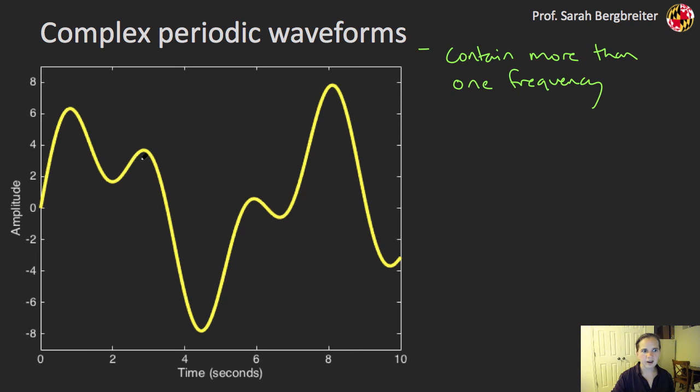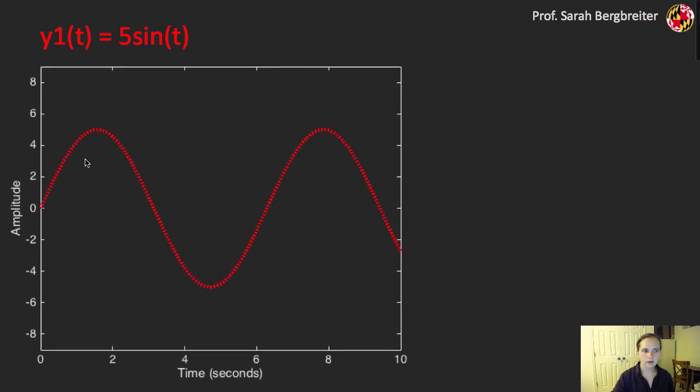So let's look at how I actually created this yellow waveform here. I started with a single simple sinusoid, which would be a dynamic and periodic waveform. So y1 of t is just 5 times sine of t. My frequency is 1 radian per second, my amplitude is 5, and I have no DC offset to this. So it just looks like this red line here.